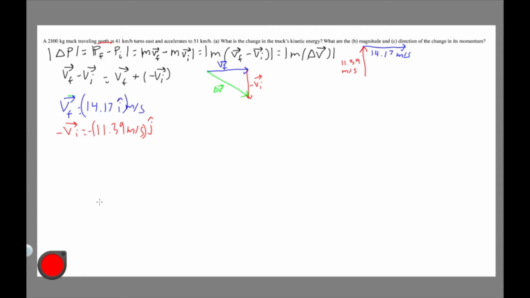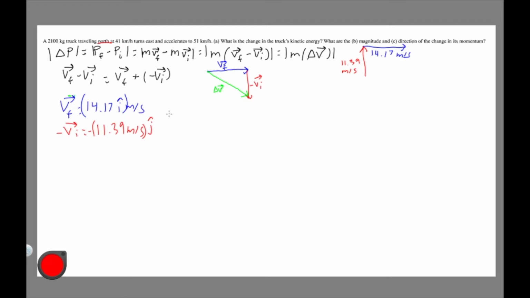J hat in this case is going to be the component of vector negative VI projected along the y-axis. Because the vector is pointing downwards, we use negative j hat, which means that it points in the negative y direction, or to the south.